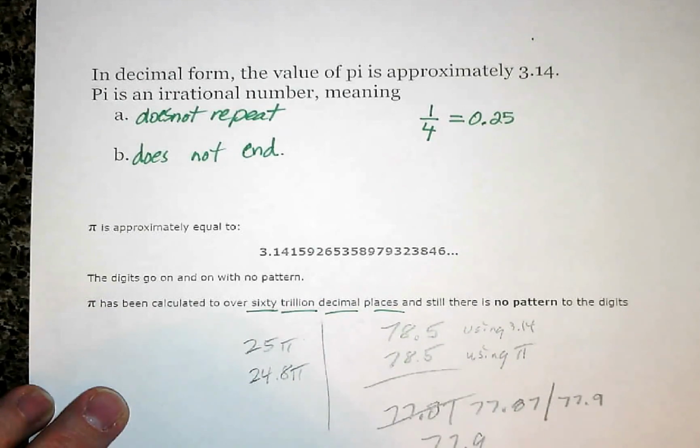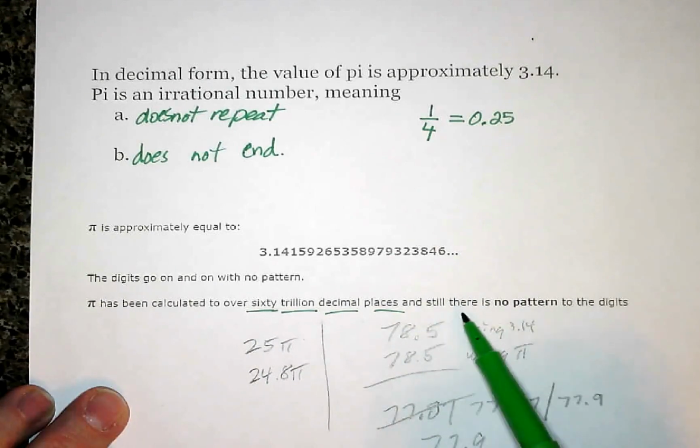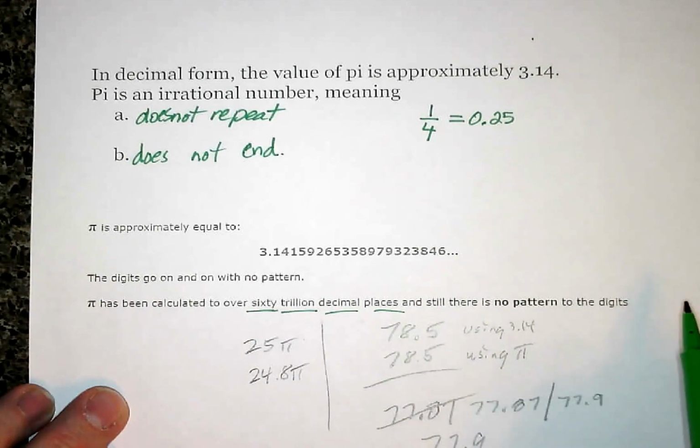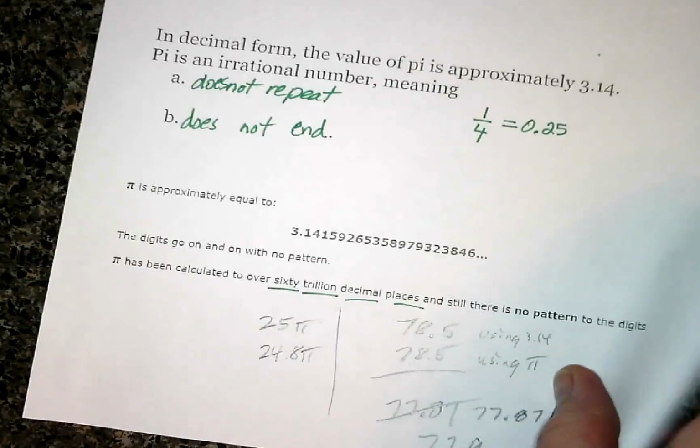And still, there is no pattern to the digits. There's been lots of investigations trying to find patterns, but it's amazing that with this many digits there is really no pattern that they can find.